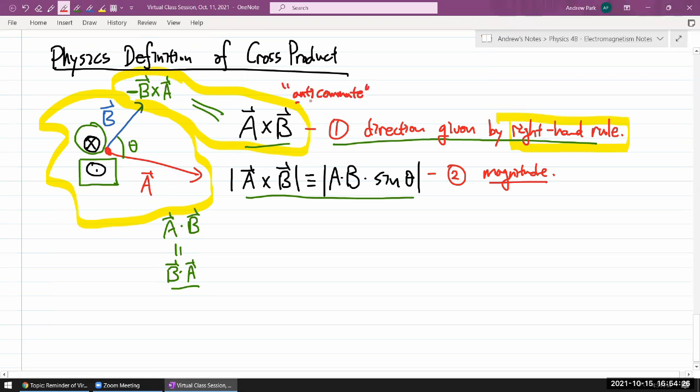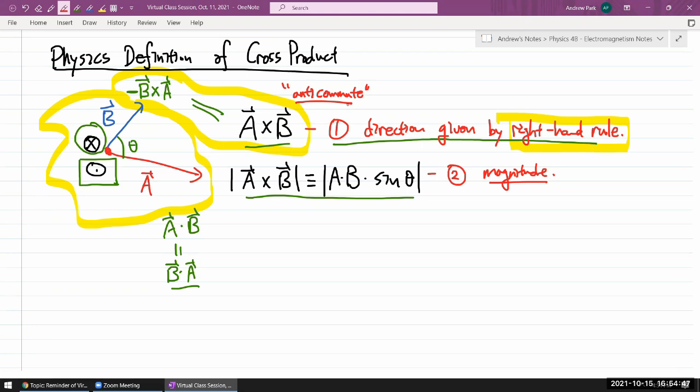That's used more in upper-division places. But the thing to remember is that when you swap the order of the product for the cross product, the sign flips. It's an implication of the definition as defined using the right-hand rule.